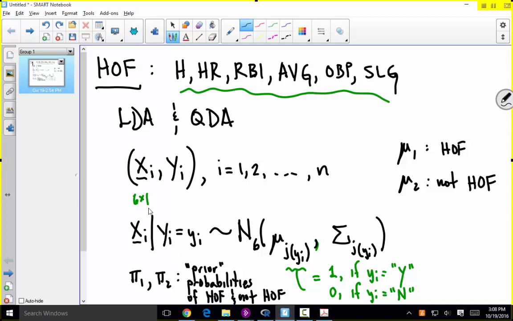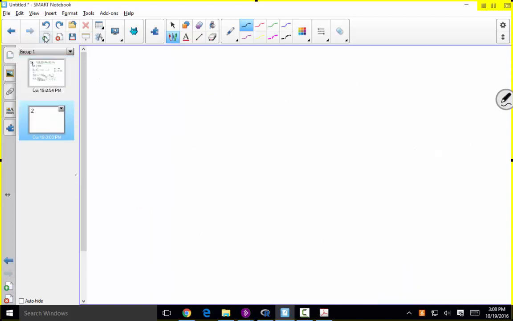But once we have this likelihood, this probabilistic assumption about what the input vectors are distributed as, and prior probabilities, then we can use Bayes' theorem to combine prior with observed data to derive posterior probabilities.